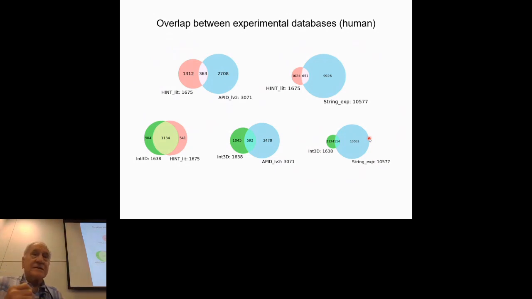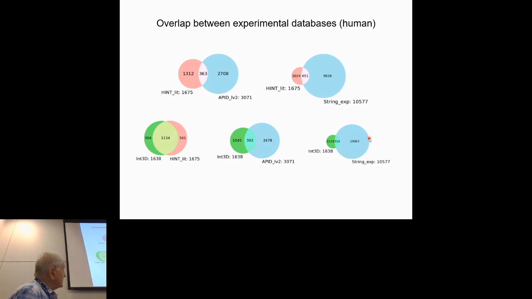Another issue is that not all of them define an interaction in the same way. So in terms of predicting structurally, we're interested in two proteins that physically are in contact. Well, a lot of the databases say two proteins interact if they have a functional relationship. They might be in the same pathway. So we wouldn't want to train on such a database if all we're doing is looking at physical interactions.